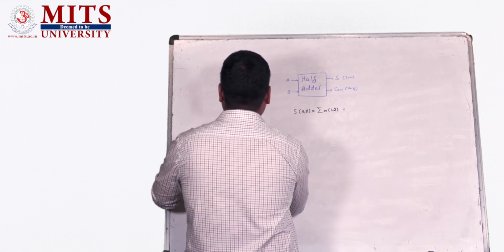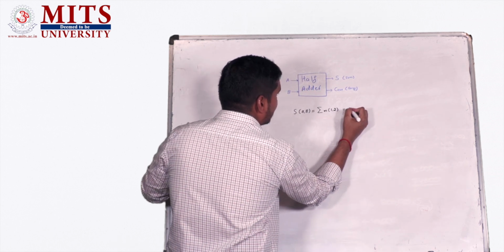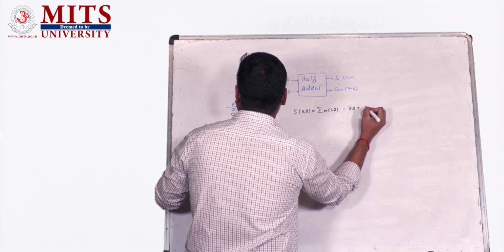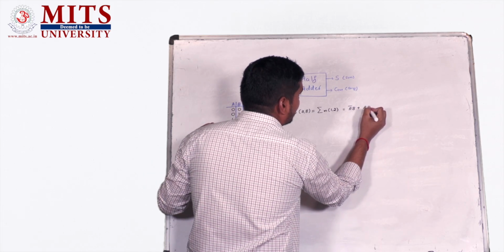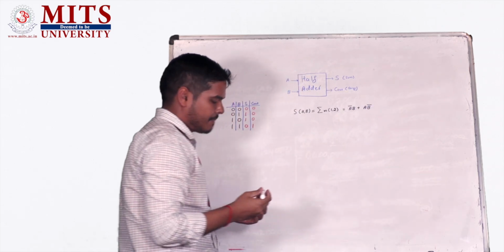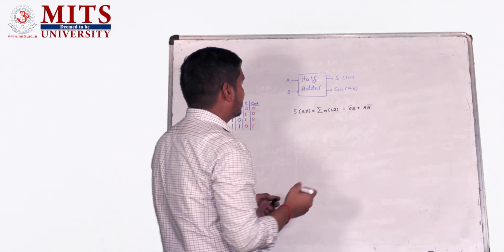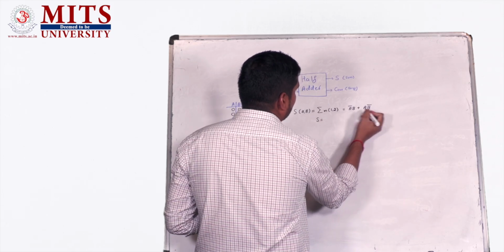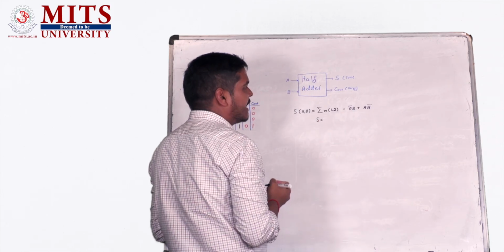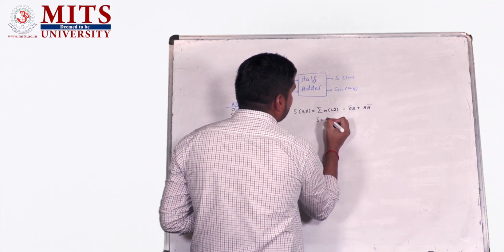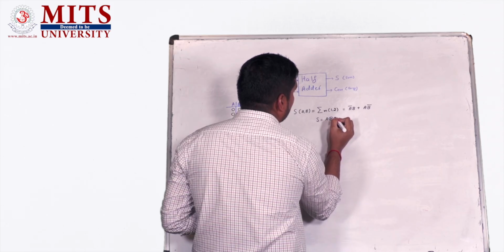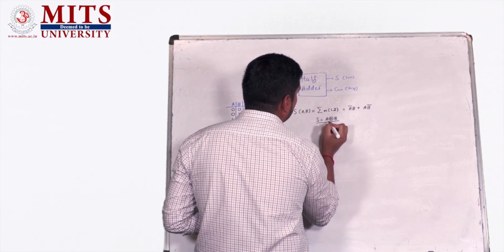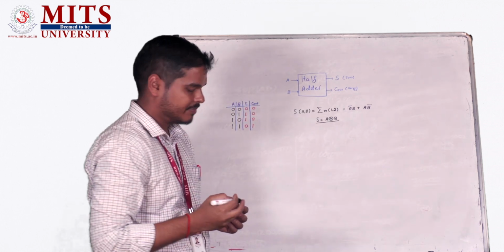Minterm can be represented like 0 1, that is A bar B, plus this one will be A B bar, and finally this sum, since this expression is XOR operation between A and B, we can express it as A XOR B. So that will be one of the outputs that we have got here.